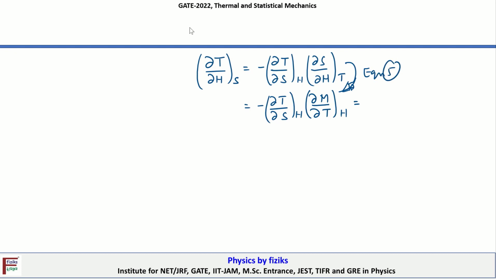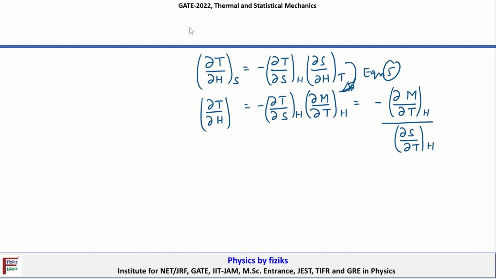This can be further rewritten as minus (∂M/∂T) at constant H divided by (∂S/∂T) at constant H. This result is basically equal to (∂T/∂H) at constant entropy.